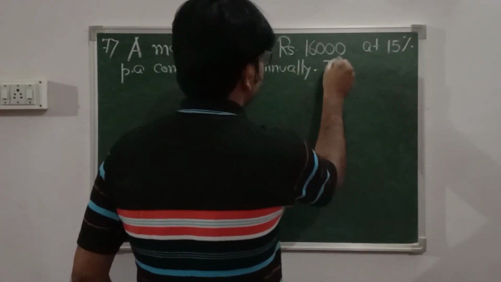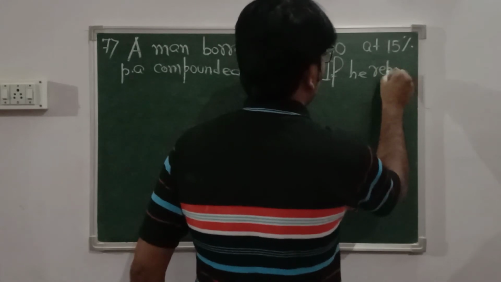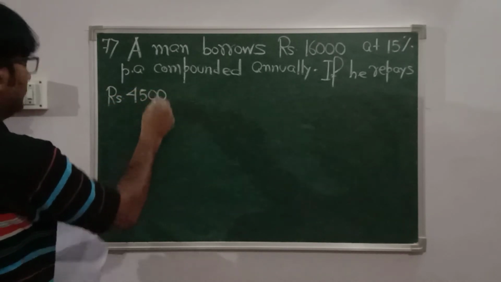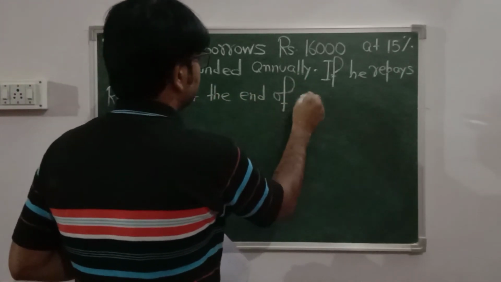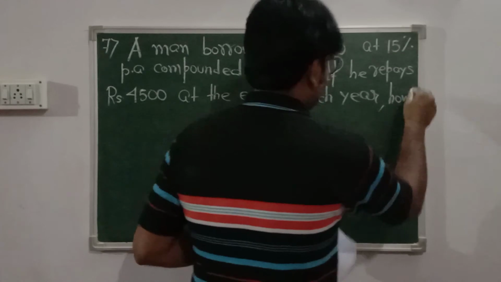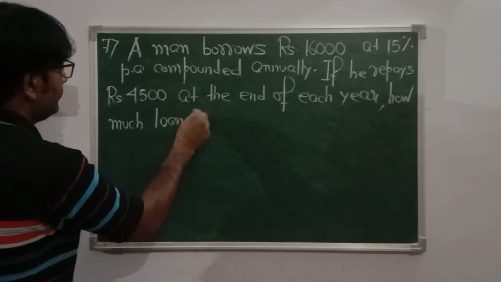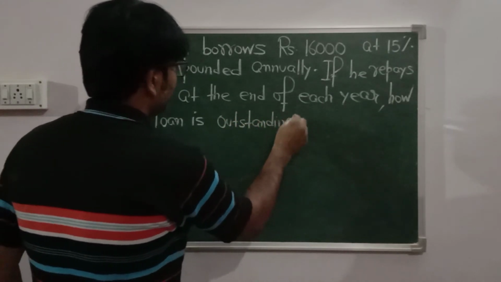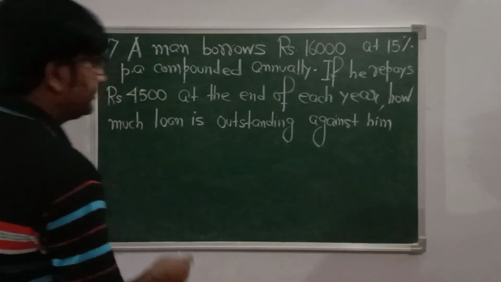If he repays rupees 4,500 at the end of each year, how much loan is outstanding against him at the beginning of the third year.